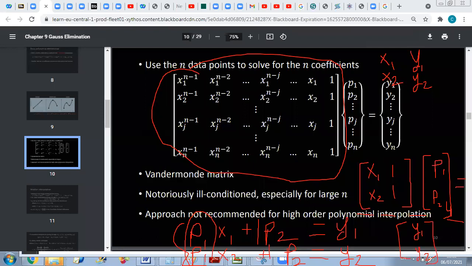So this is the form of my matrix A and vector B for the case of 2 points. This means a linear fit.